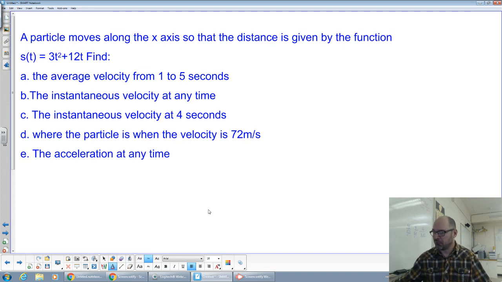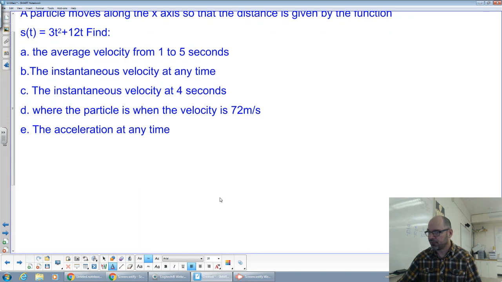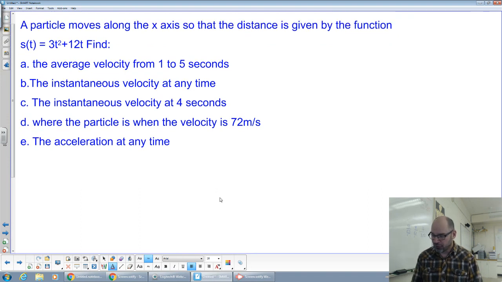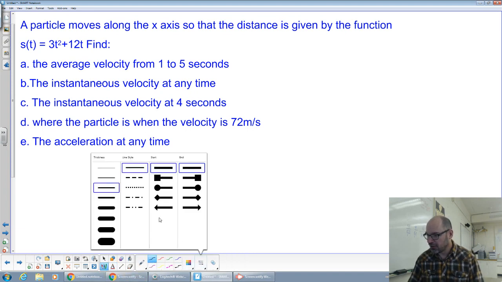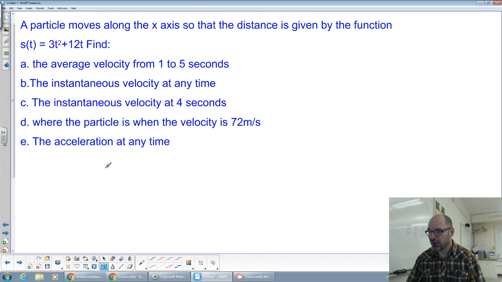So let's begin by solving these. Okay, let's put that up there. So the first thing is, let's get this into our marker. Okay, so the average velocity. So we have to figure out the velocity at 5 seconds.